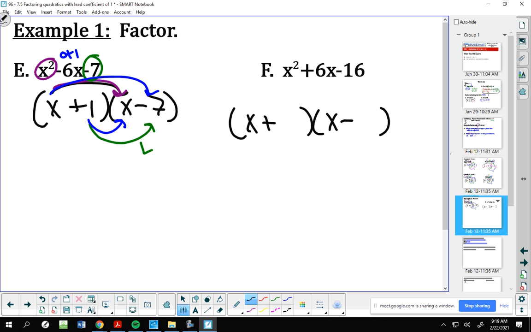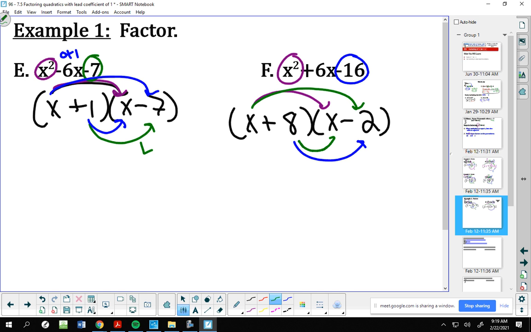Yep. So positive 8 minus 2 is positive 6. Good. And then again, just in your head, first times first is x squared, last times last is negative 16. And then just check your outer plus inner to make sure that it's right. Negative 2x plus 8x is positive 6x, so we're good.